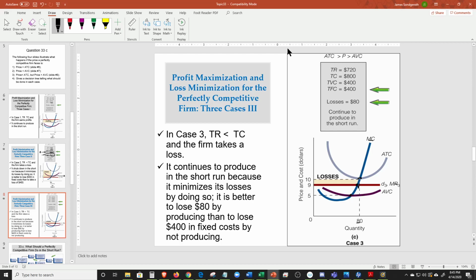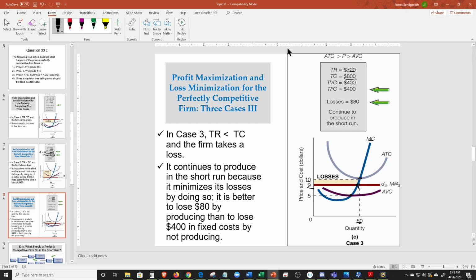They're saying it's 80. So if you then take this up to the average total cost, what we see is that the cost per unit is $10. They're producing 80, so total cost is 800. So the price is 9, and they're producing 80, so that's a total revenue of 720.